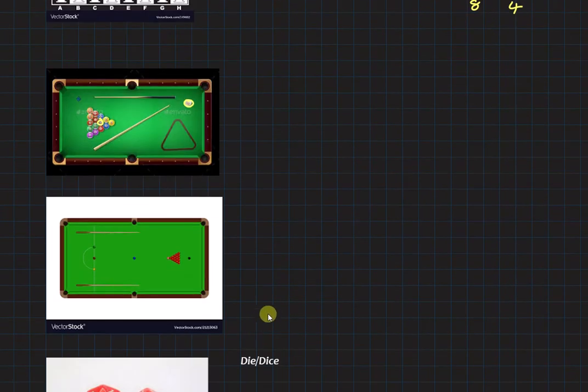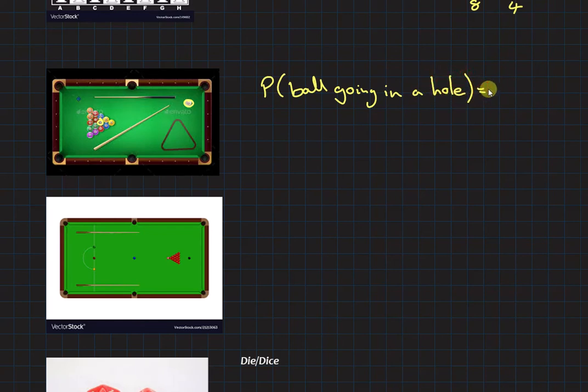Things you might get asked, other ones are a random pool table. What's the probability of the ball going down the hole? Now, these sort of questions are really quite dodgy. You shouldn't see them in exams anymore, but they have been online a few times.